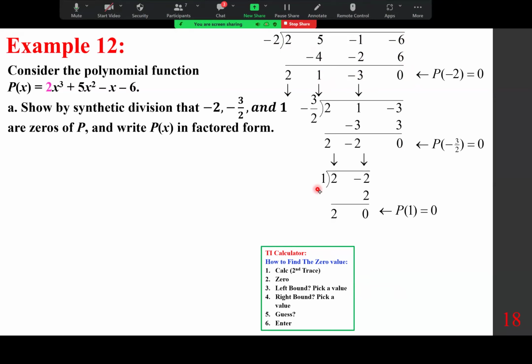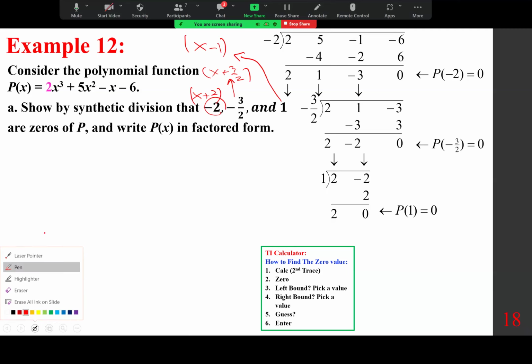So we have shown that from here, we have x plus 2 as a factor. From here, we have x plus 3 halves as a factor. From here, we have x minus 1 as a factor.